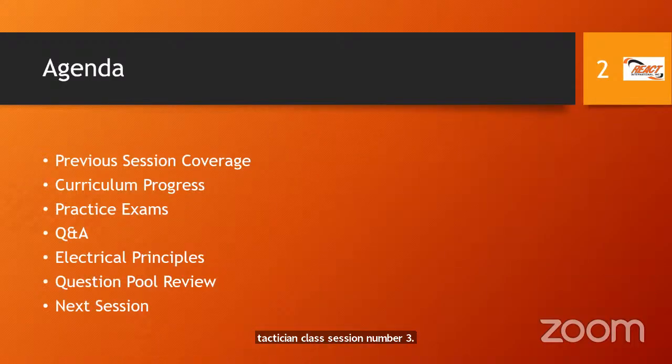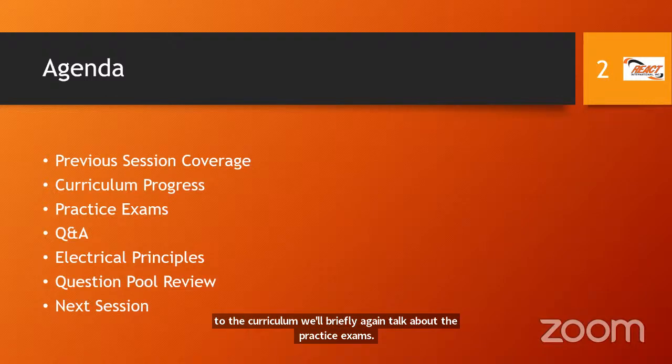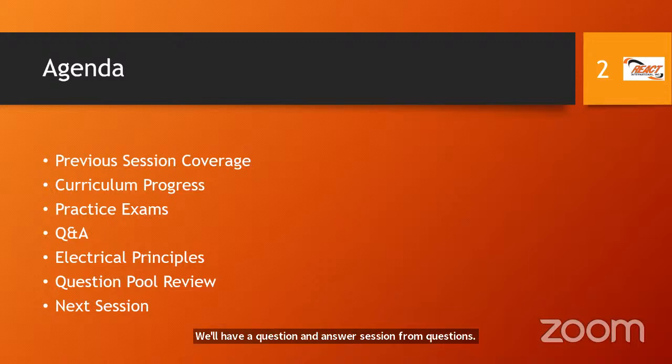This is our agenda for today. We will go through what we covered during our last session. We will also have a look at our progress as it relates to the curriculum. We will briefly again talk about the practice exams. We'll have a question and answer session from questions posed between the last session and now.